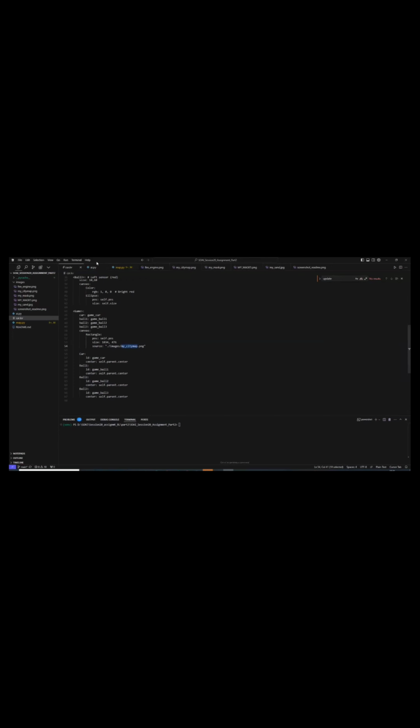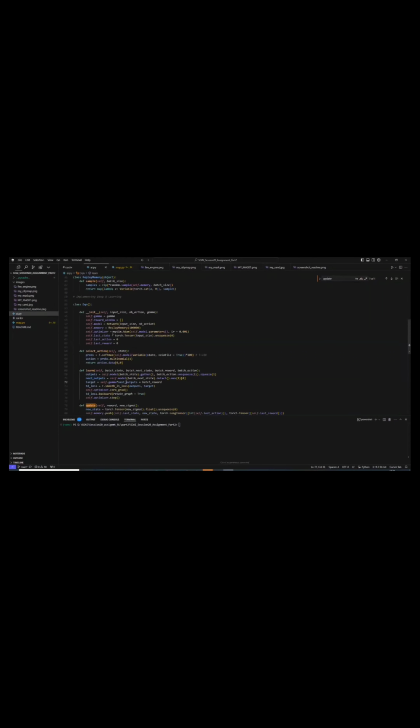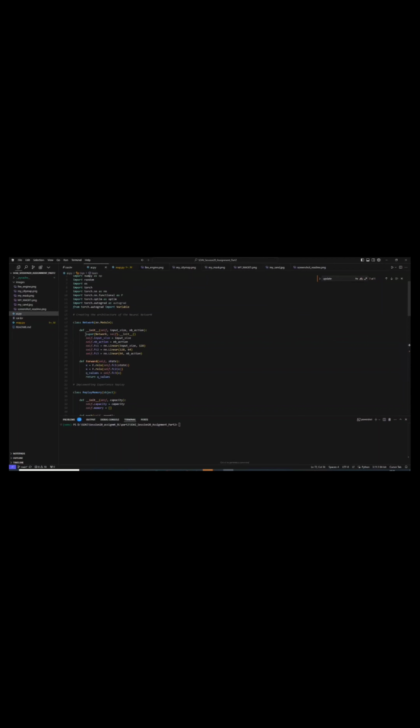And moving on to the AI, this is where our neural network is defined. It's a three-layered feed-forward neural network. It uses a ReLU activation function, which predicts the Q values for possible actions, which are left, straight, or forward.